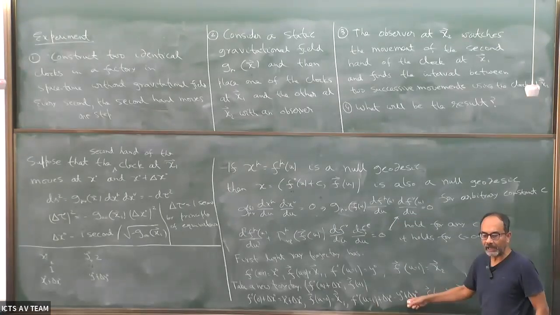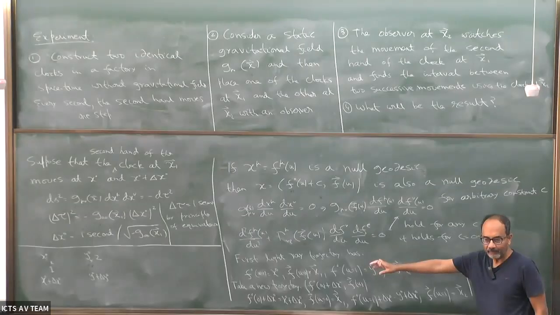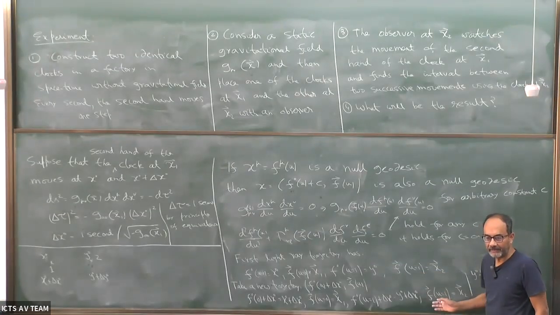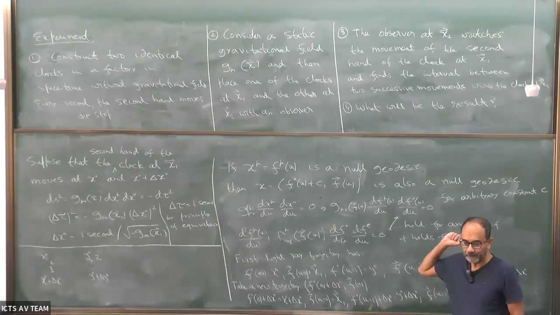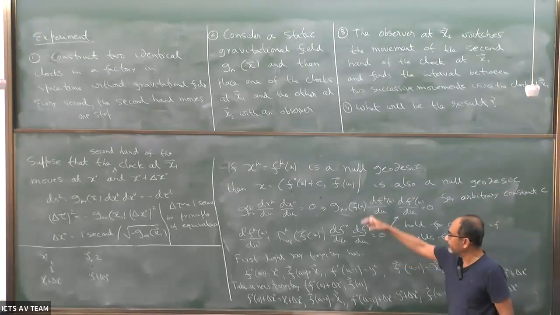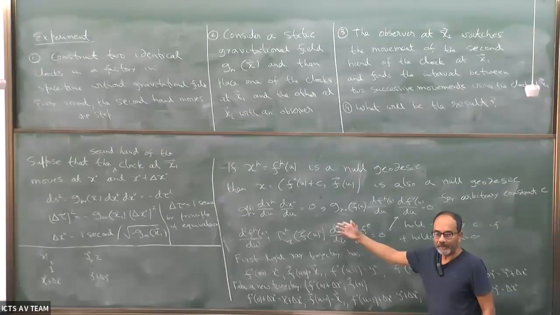So this is a new null geodesic that starts at the right time at the right point and ends up at the right point. What time it ends at is not in our control. That will be determined by solving the full equation, but we are not solving the full equation. We are simply using the fact that this translation will automatically solve the equation.